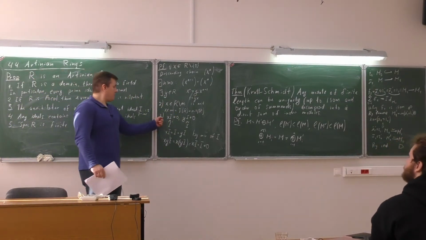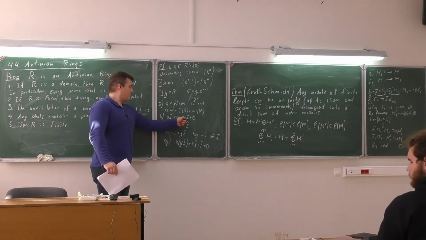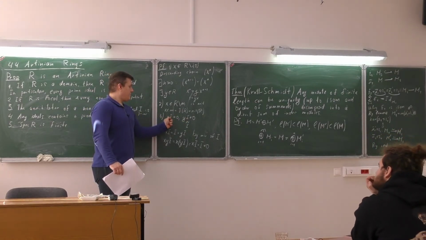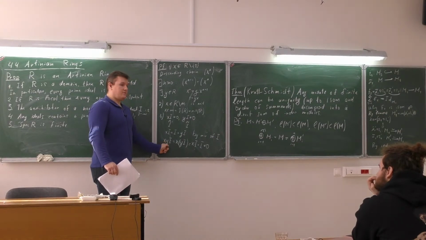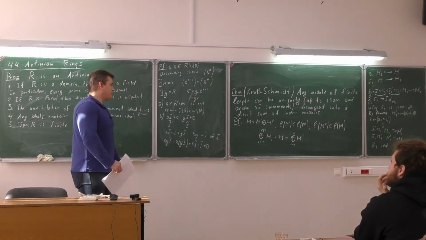So it means if two elements don't annihilate this ideal, the product also doesn't annihilate the ideal. So the annihilator is prime.